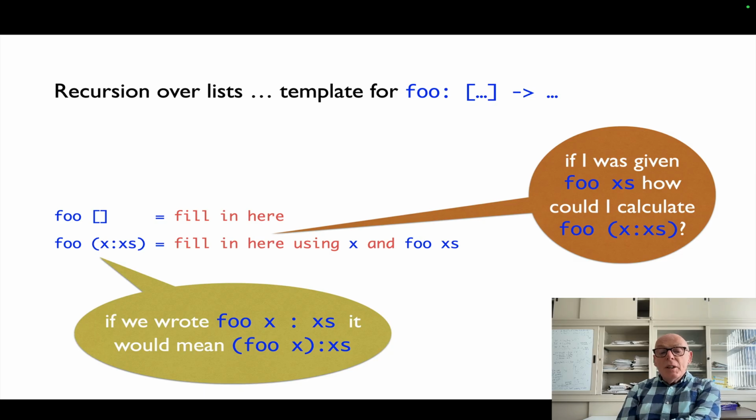So it would mean something quite different, and in fact it will be incorrect, because foo should be applied to a list rather than a single element. So we get a type error if we wrote that. So we need to write foo, parentheses x cons x's. If in doubt, add parentheses.